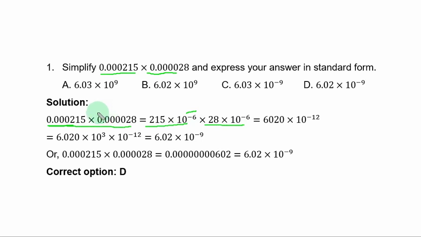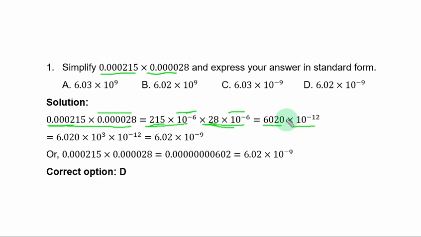If you do the same thing for this, you have this result. You multiply 215 by 28. That gives 6020. By the law of indices, numbers with the same base, when multiplied, their powers are added. To have the result in standard form, the point needs to be between 6 and 0. The point is already at the end of the number.